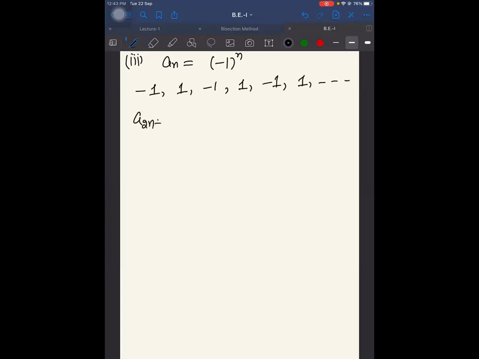Your odd subsequence is -1, -1, -1, and so on. It's constant, right? And if you take the even positions only, you will get 1. So this subsequence converges to -1, and this one is convergent to 1. So there are two subsequences converging to two different limits. That's why it has to be divergent.